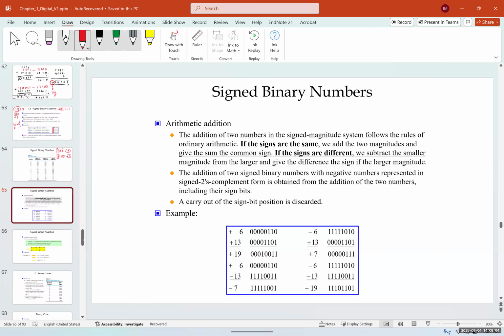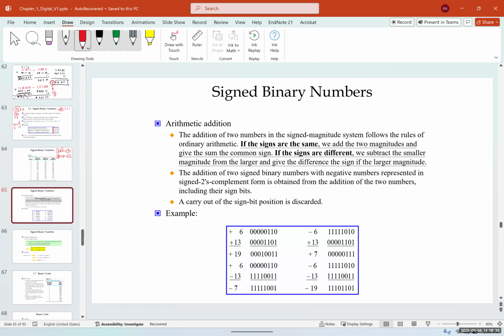For arithmetic addition, the addition of two numbers in the signed magnitude system follows the rules of ordinary arithmetic. If the signs are the same, we add the two magnitudes and give the sum the common sign. So if we want to add 6 plus 10, or 5 plus 4, and both of them are positive, we would simply add them.